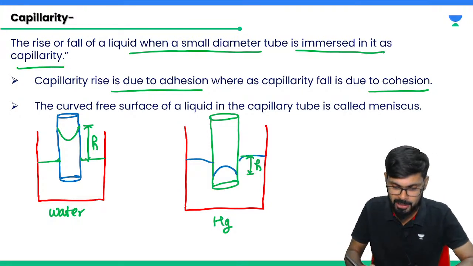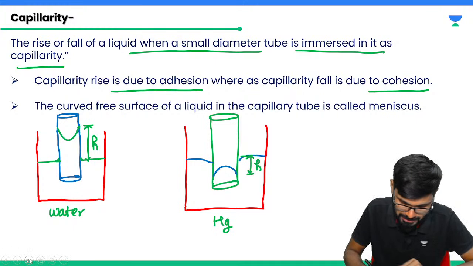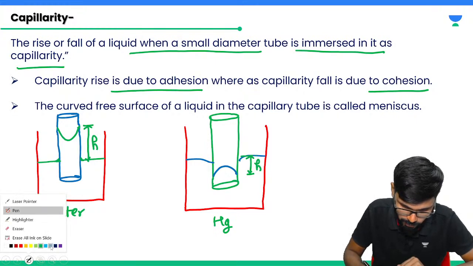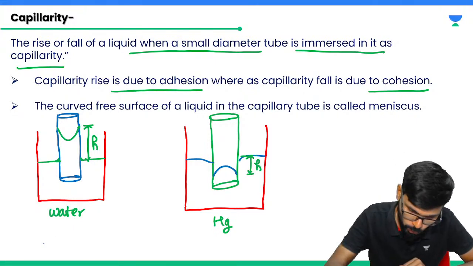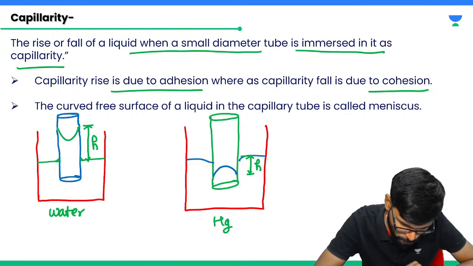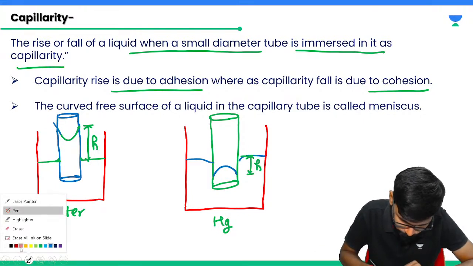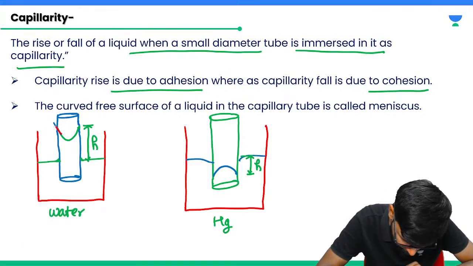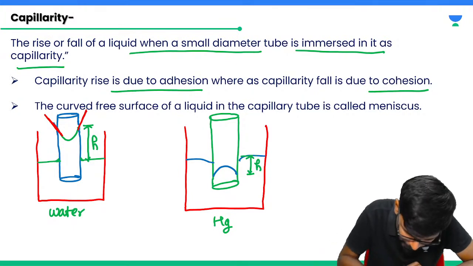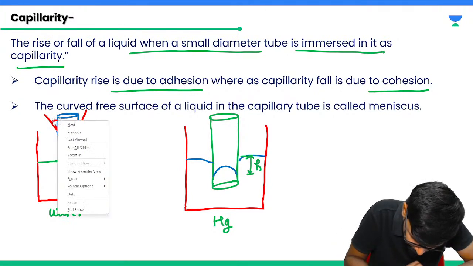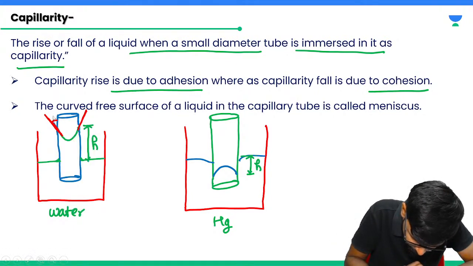Now here if I talk about the angle of contact, what I need to do is draw one tangent at the joining here. Some other color I am using. Here I will draw like this. And from the tube surface, I am going to measure, that is theta.